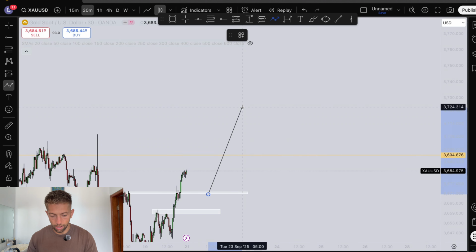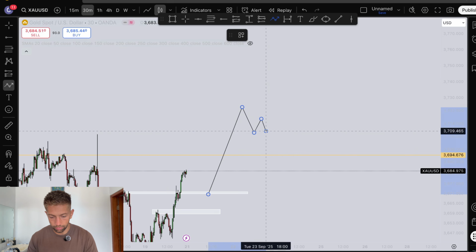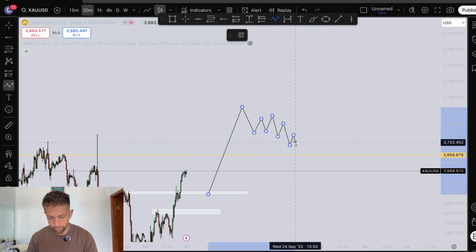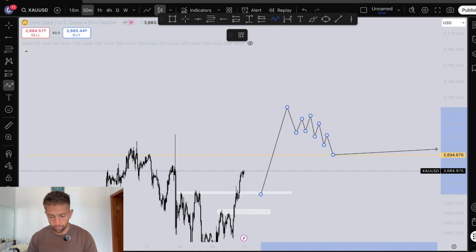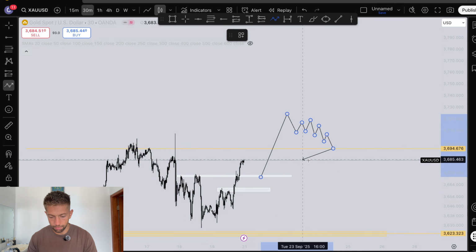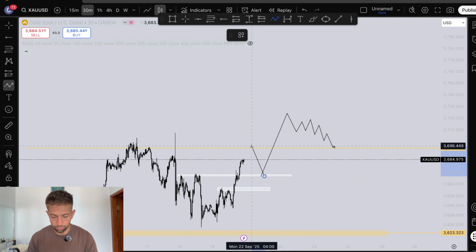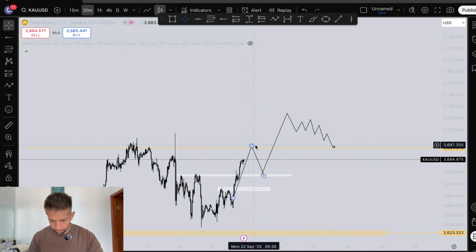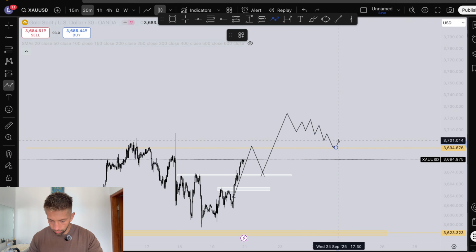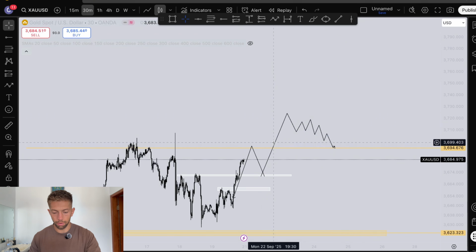So this is the higher time frames. Lower time frames is doing a downtrend. We find some type of a key level, which can be the previous market structure high, previous market structure low. Let's say market is doing something like this. We find some type of a key level. We are gonna wait for lower time frame structure to shift, which is gonna be like this, and then we are gonna take price to the upside.